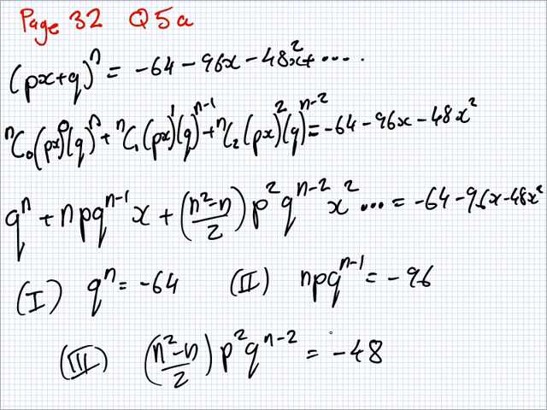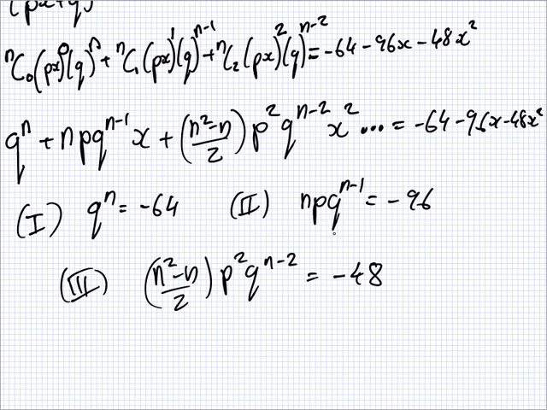Alright, now we have to solve for p, q and n. It's a bit tricky because the equations are quite complicated. So let's have a look now. Can I scroll down a little bit? Right, could I scroll down like one line, like to here? Yeah. Okay. So I kind of want to clean these up a little bit before I start doing anything with them. So the first guy, I'll leave him alone. Qn equals minus 64.